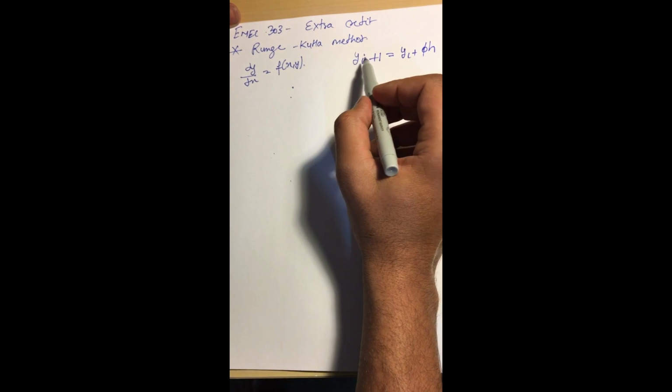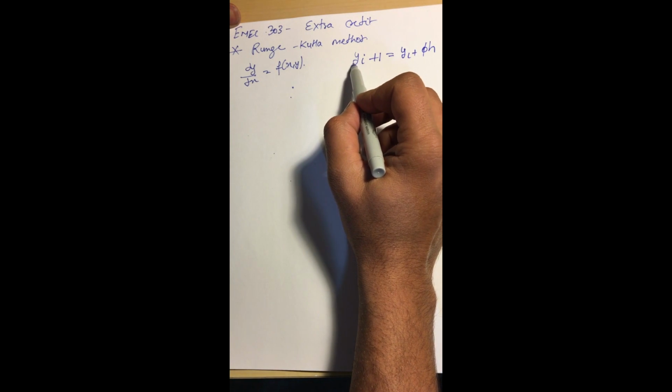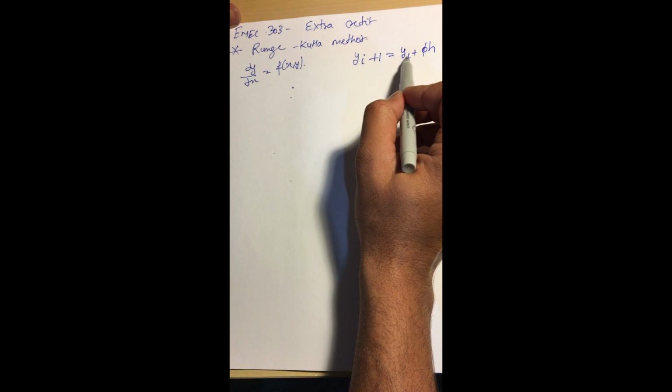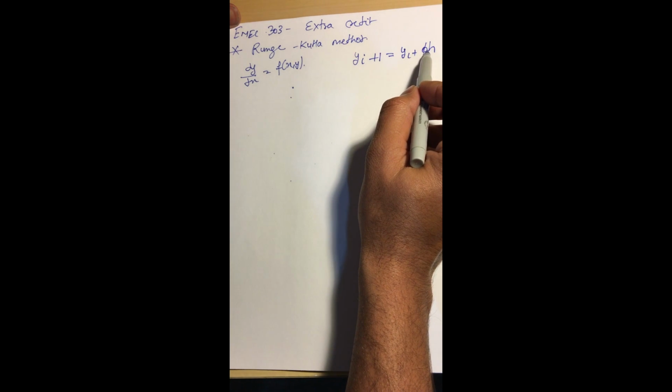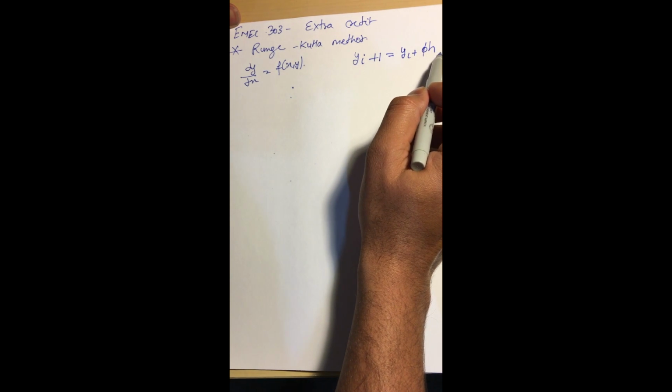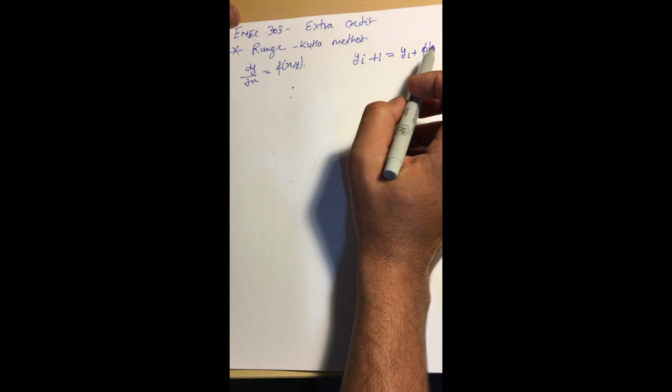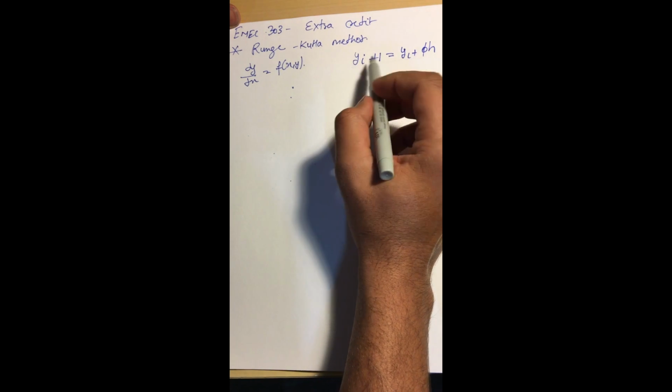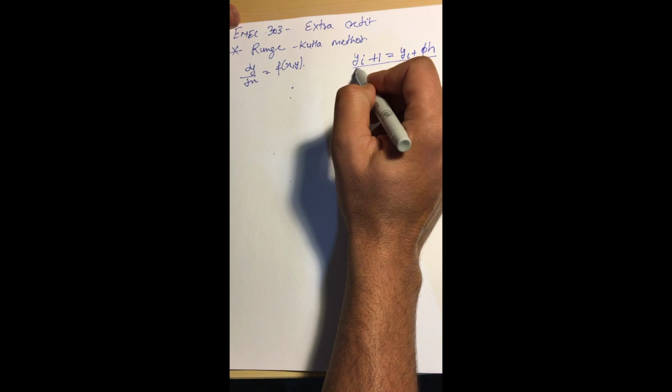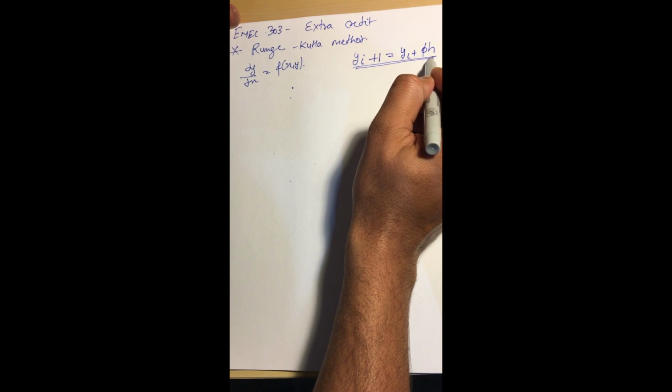So this is our next value of the function, which is our function plus slope times step size. This is the general equation used by all Runge-Kutta methods.